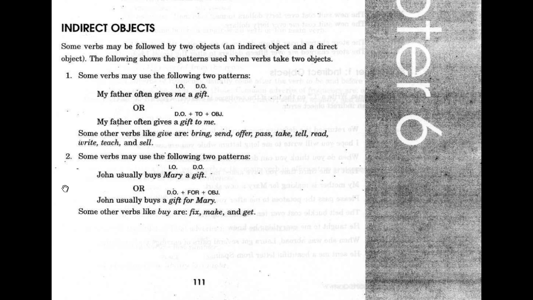These are different patterns. We have in this case, an indirect object and a direct object. What's the difference? Well, really there's no difference, because up here we have the same pattern and we use this article. John usually buys Mary a gift.